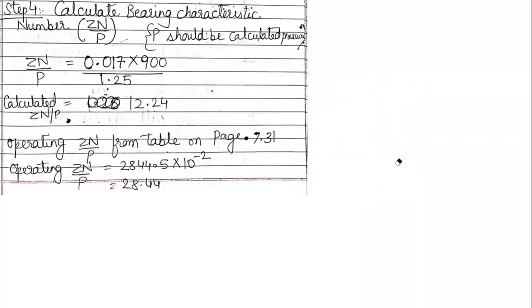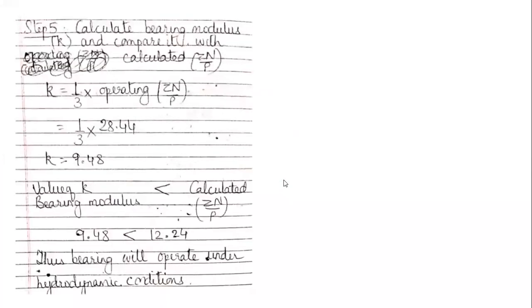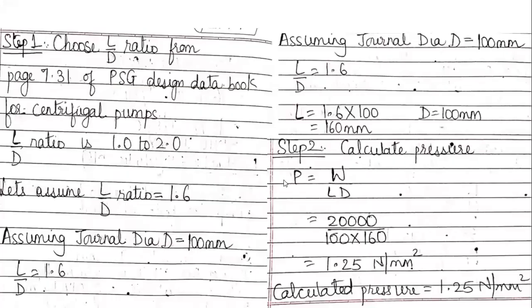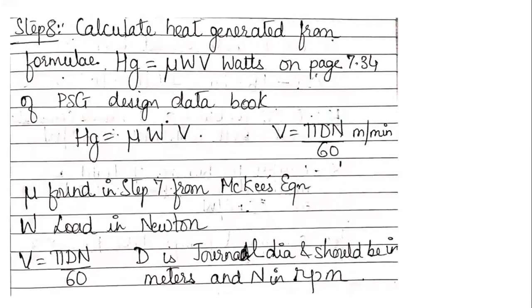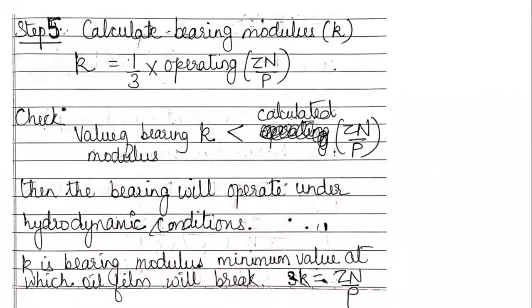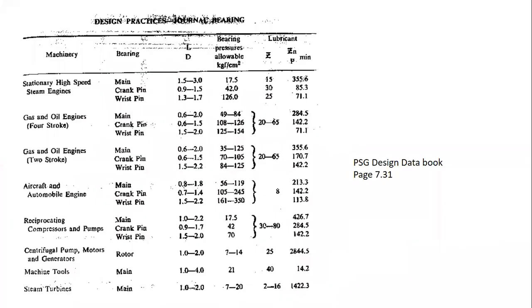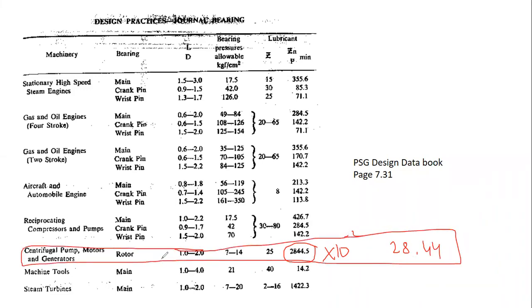12.24. We have to compare it with the operating Zn by P from the table. So let us quickly go to that table and see what is the value of operating Zn by P. You can see here the value of operating Zn by P is 28.44. You can also see here the L by D ratio for centrifugal pumps we had selected as 1 to 2, so that's why we selected 1.6 in between.